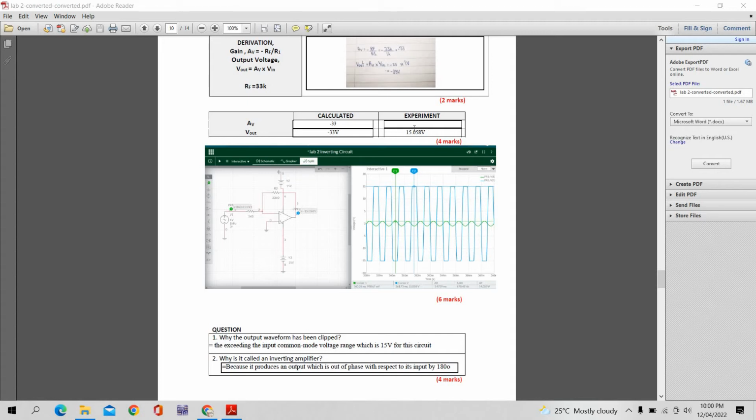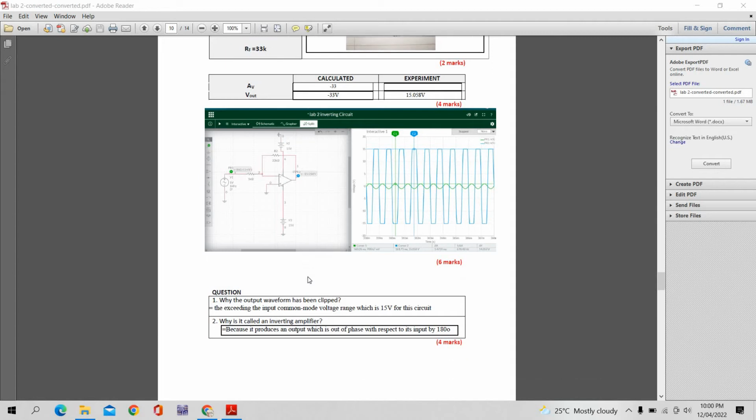The answer is supposed to be negative 33 volt, but because we gave the power supply as 15 volts, the result from the experiment will be 15 volt because it cannot exceed the common mode voltage range.